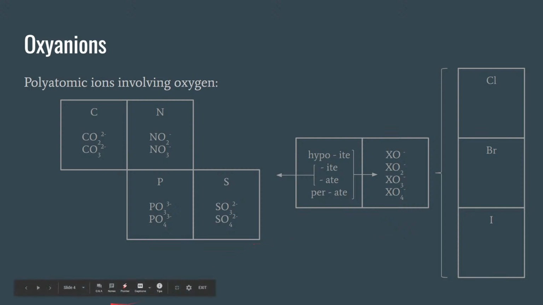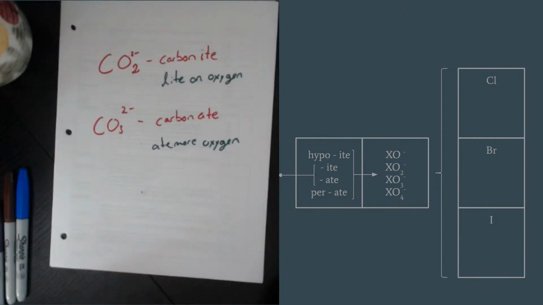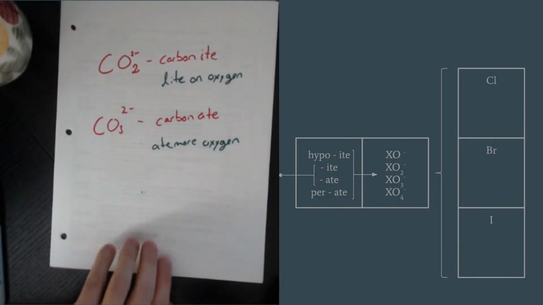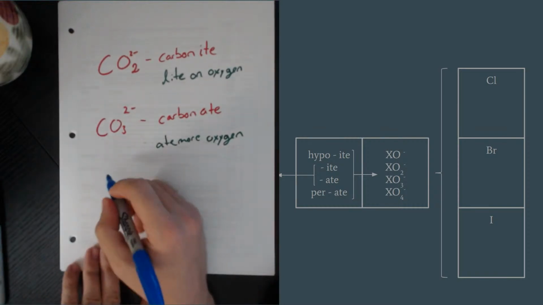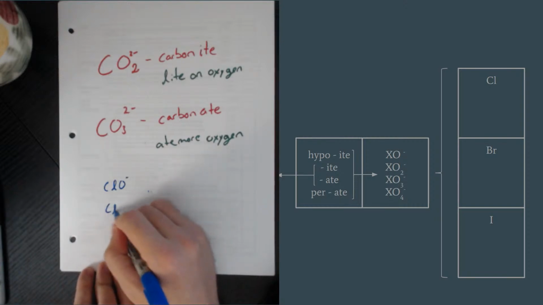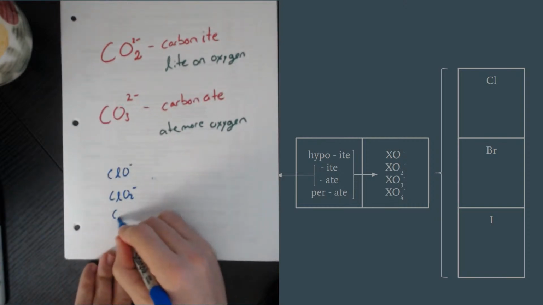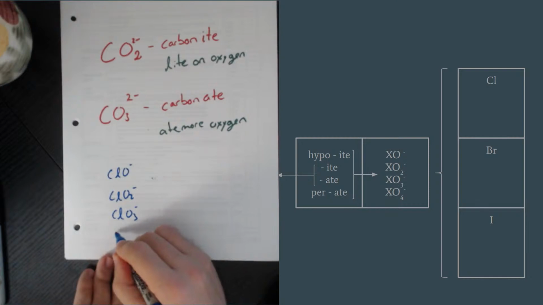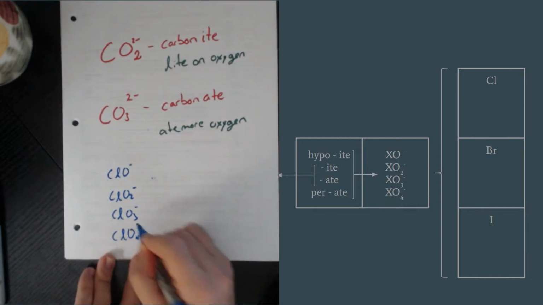So that's why we have hypo and per. Let's go ahead and look at this. We have ClO minus, ClO2 minus, ClO3 minus, and ClO4 minus.